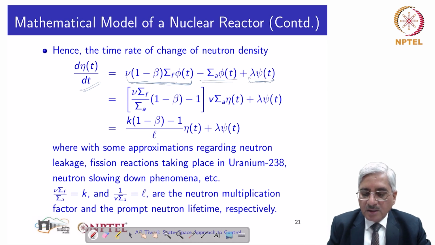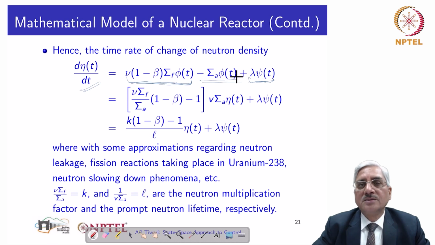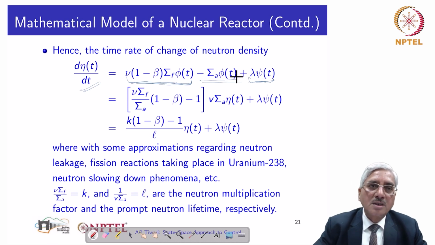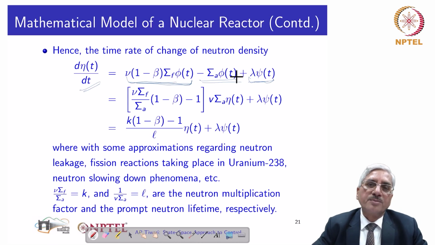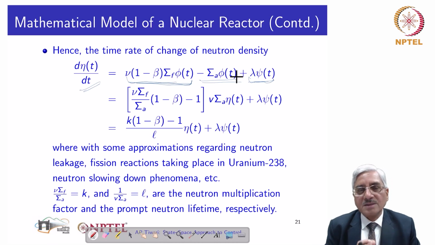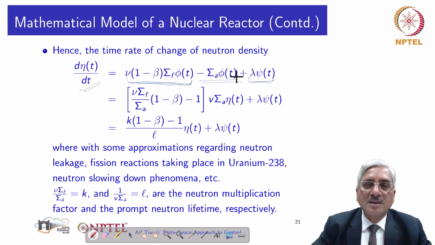And these many neutrons are being lost. Neutrons are getting absorbed. Of course, neutrons are also lost by leakage. At the moment, we are not considering that, to keep the mathematical treatment simpler, so that we can digest it, so that a control system engineer can understand it. The experts will build up more complicated models, but the final form is identical.